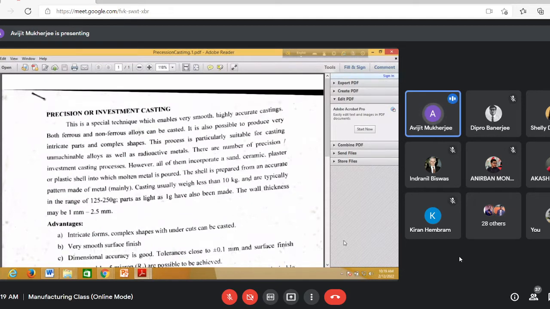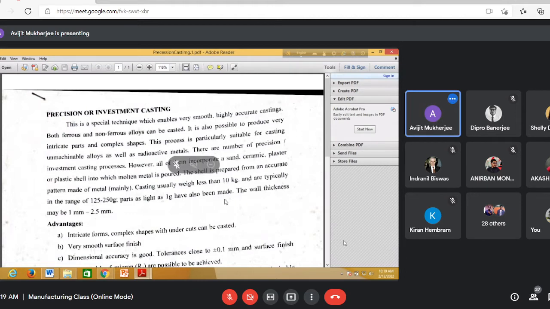And the mold is prepared with those materials, then molten metal is poured. Then after solidification, the cavity or mold is broken.